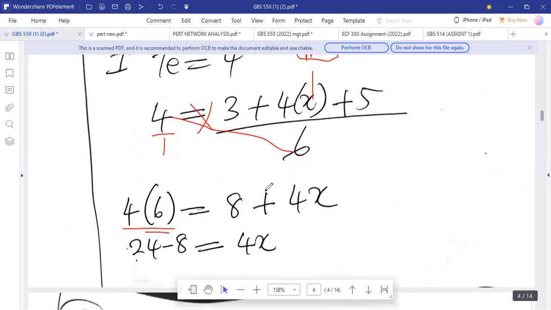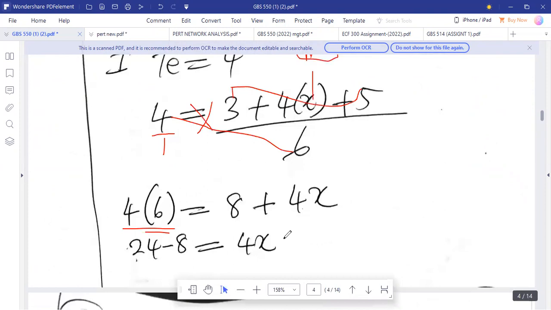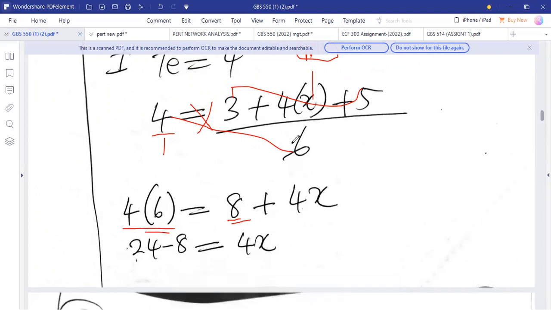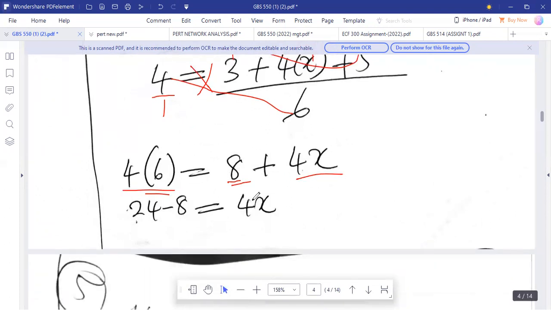And a 3 and a 5 can be added there to give us 8. This is where the 8 is coming from. 4 and 6, we are getting 24. In this 3 and 5, we are getting the total of 8. Then the 4x is constant, will just be like that. We can push the 8 the other side. So this is 24 minus 8, which is equal to 4x. We are solving for x there.